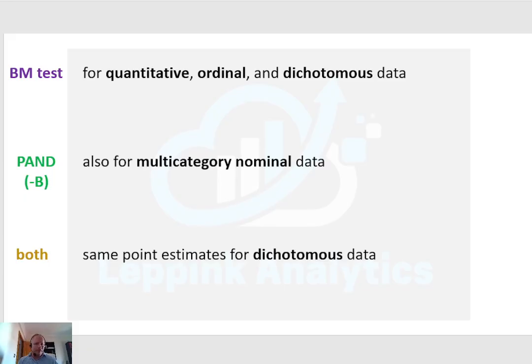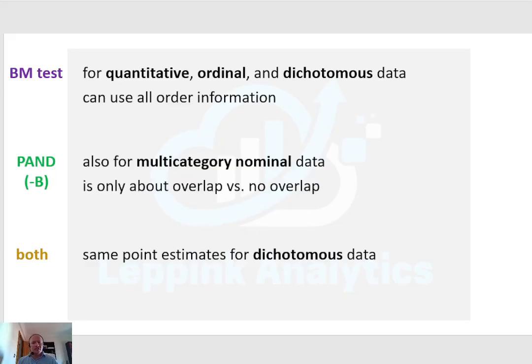So if, for instance, PAND yields 80% of non-overlap in the direction of the training group, the BM test will also yield a point estimate of 80% in favor of the training group. However, in line with what I mentioned earlier, when dealing with non-dichotomous quantitative or ordinal data, the BM test can use all order information, whereas the other solution is limited to overlap versus non-overlap and may therefore give slightly less accurate estimates than the BM test.